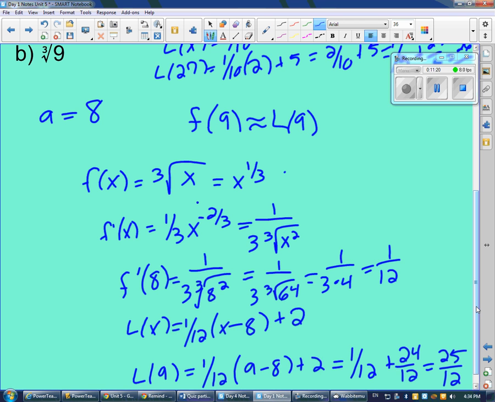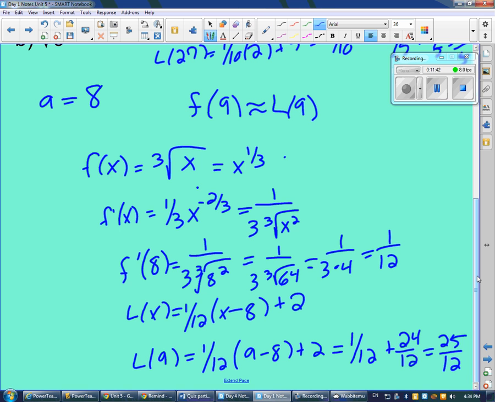You take the derivative and then simplify the derivative. So the derivative would be 1 over 3 times the cube root of x squared, using my exponent properties. We're going to plug in 8, which is my a. And so when I do that, I'm going to do 8 squared, which is 64, the cube root of 64, which is 4, and 4 times 3, so my slope is 1/12. Plug it into my function.